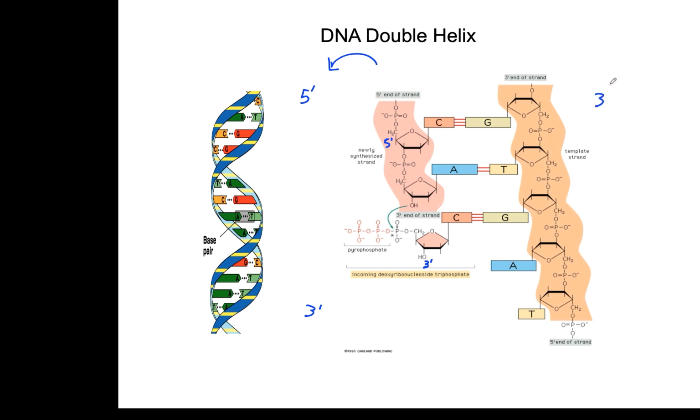The 3' end. So one DNA strand has a 5' end here and the other end has a 3' end. The other DNA strand is in the opposite orientation. We call that anti-parallel.